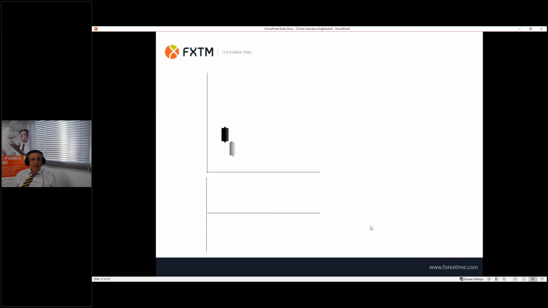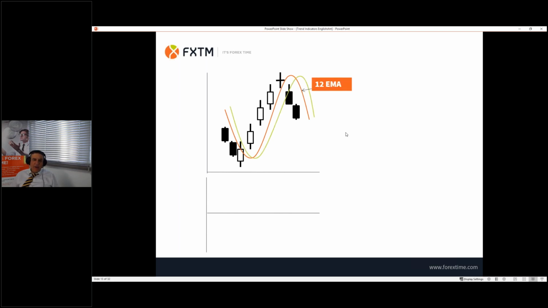Okay, so you see, this is our price chart. This is the 12 exponential moving average, and of course, we have another exponential moving average of 26 periods. Now, the difference between the two, which is 12 EMA minus 26 EMA, is what we call MACD.